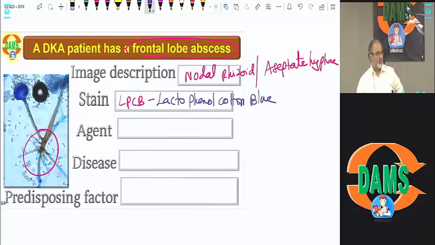What is the agent? Internodal rhizoid, Rhizopus. What disease does it cause? Mucormycosis. Fantastic.